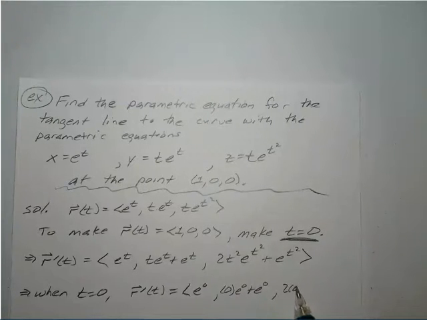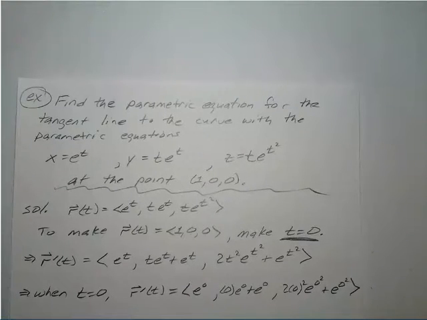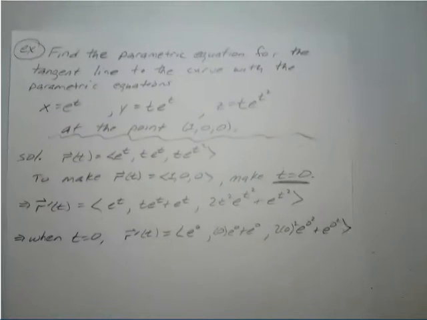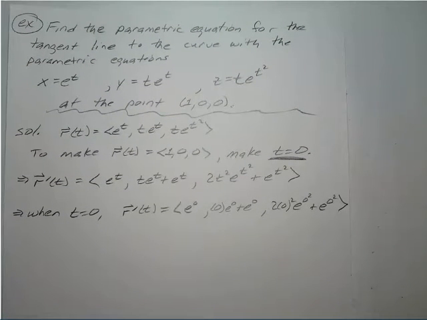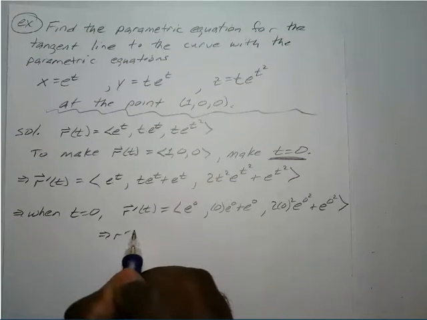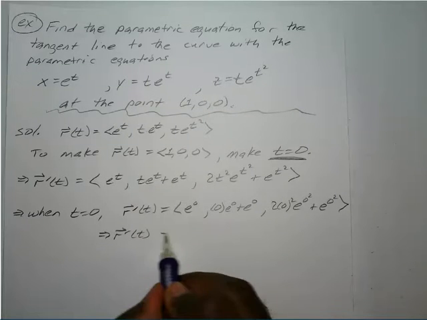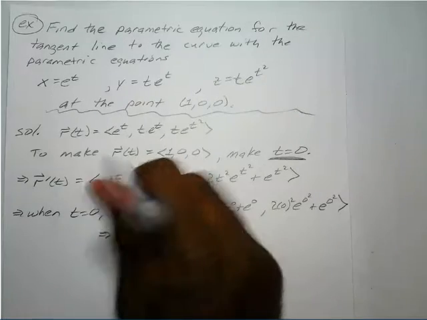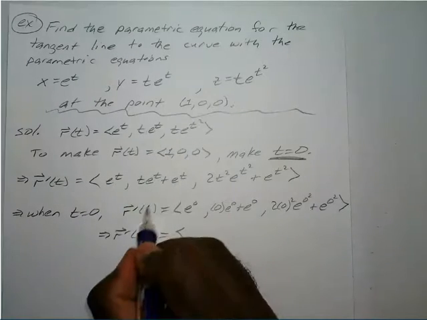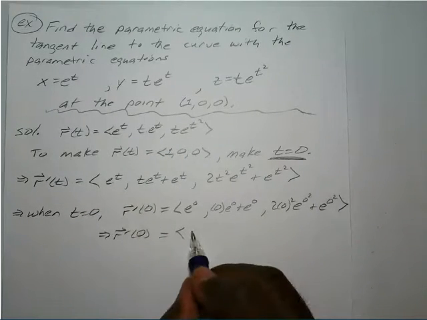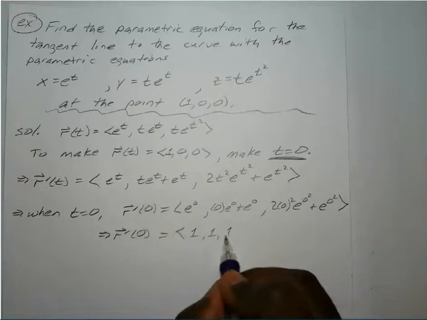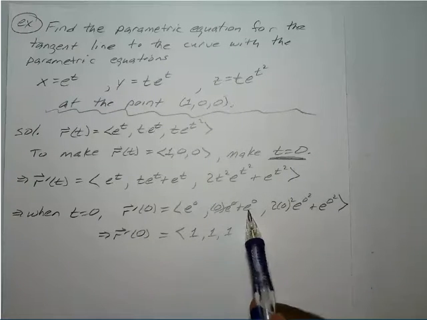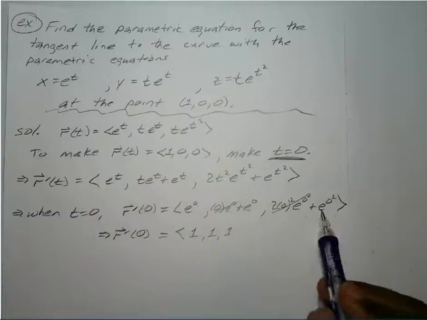You have 2 times 0 squared e to the 0 squared plus e to the 0 squared, which is just e to the 0. So that means r prime of 0 is equal to 1, 1, 1, because that cancels out and you're left with 1, 1, 1.